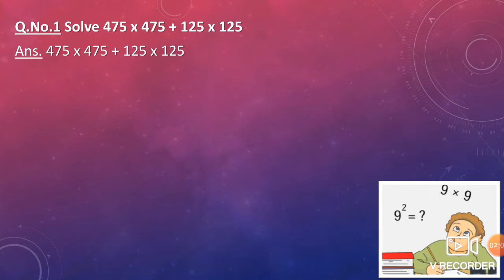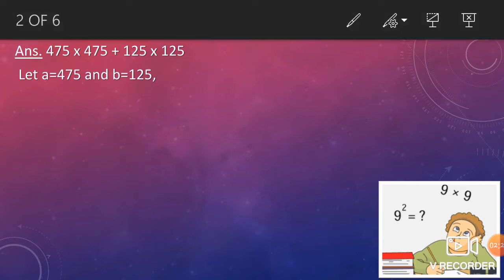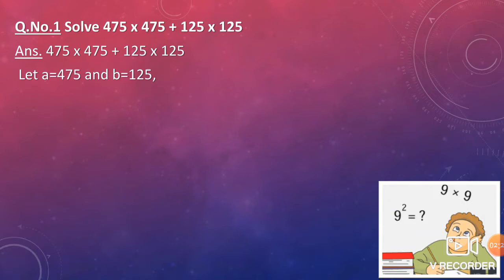So it is actually 475 square plus 125 square. Let's name 475 as A and 125 as B. So we can write it as A into A plus B into B, which is the same as A square plus B square.